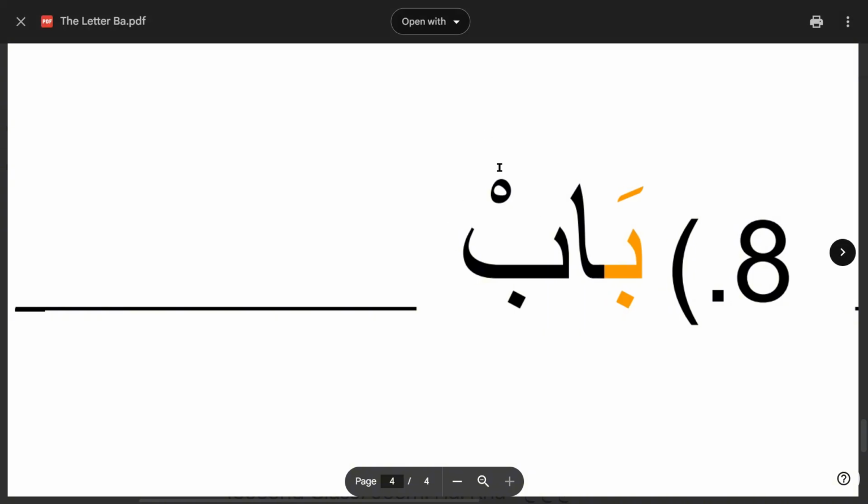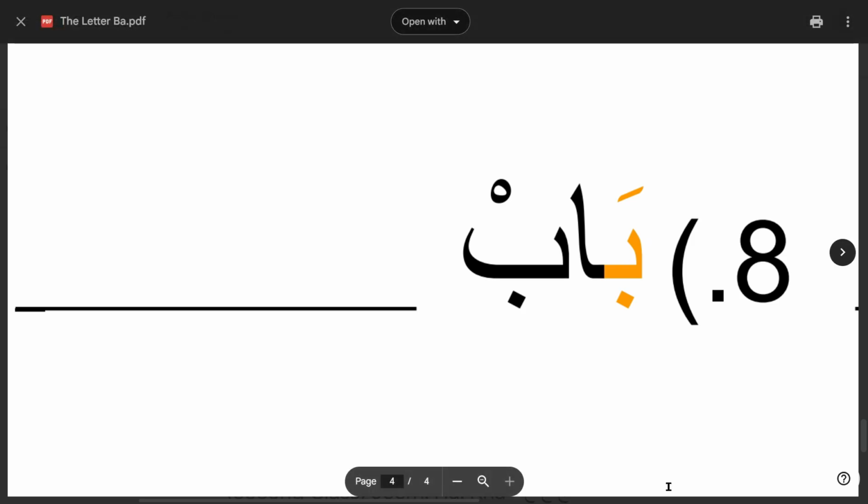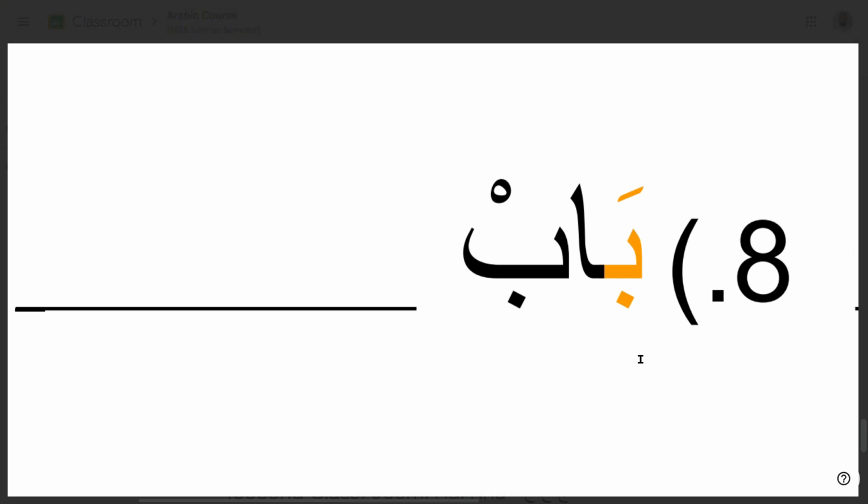Number 8. Another sukun. Okay, I'll do this one. It's ba fatha ba with the alif, so it's extended, and then ba with a sukun. So bab. There you go. Sounded great.